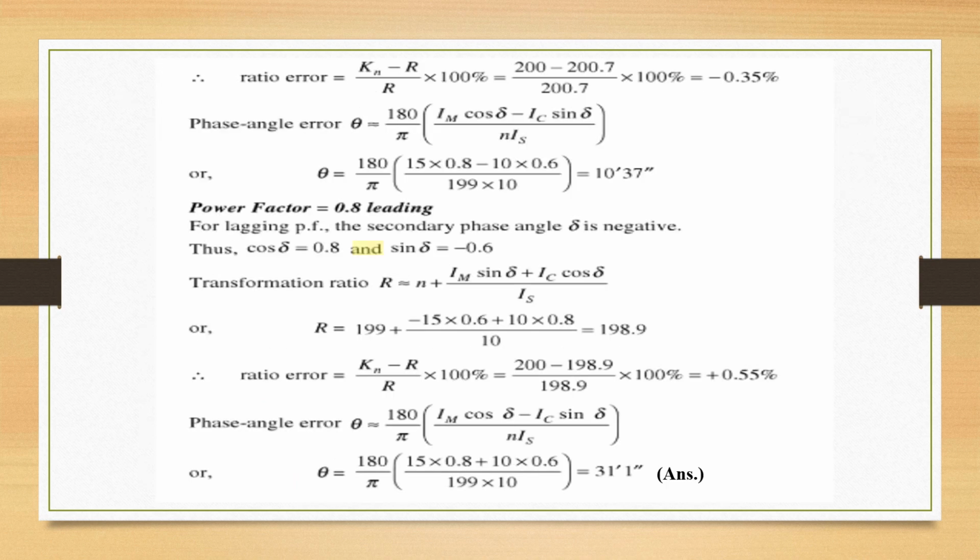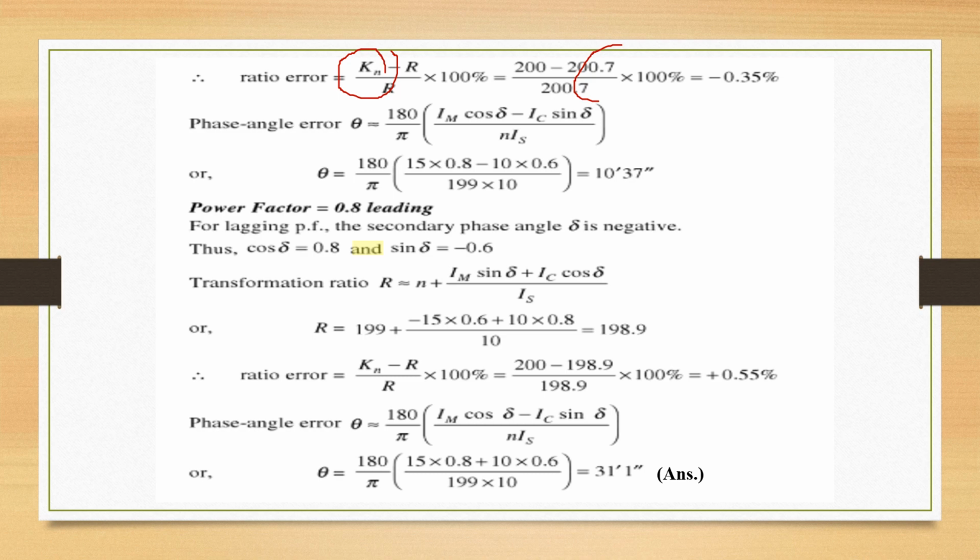Now for ratio error, we already know the value of Kn, and this is our actual ratio, and from there we will get the ratio error, and from that we will get the value of phase angle error. Phase angle error depends upon cos sigma, sin sigma, as well as Ia and In.